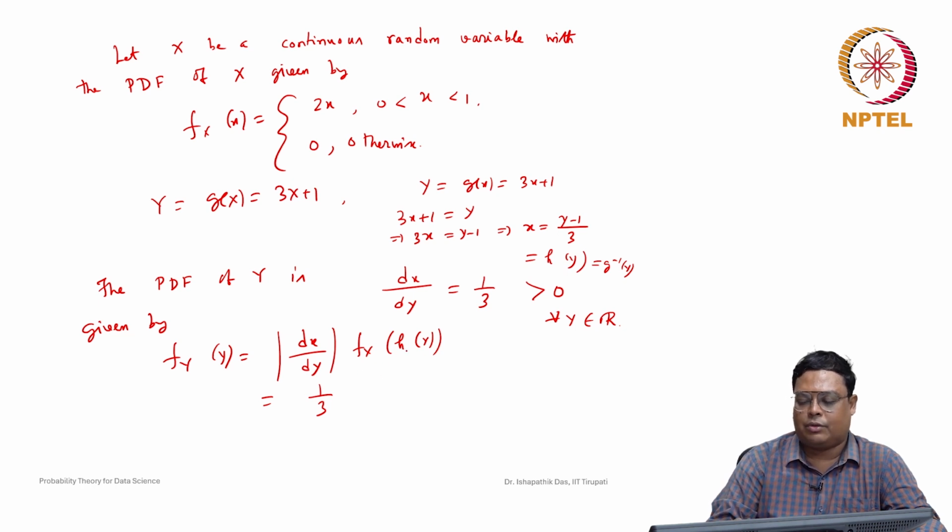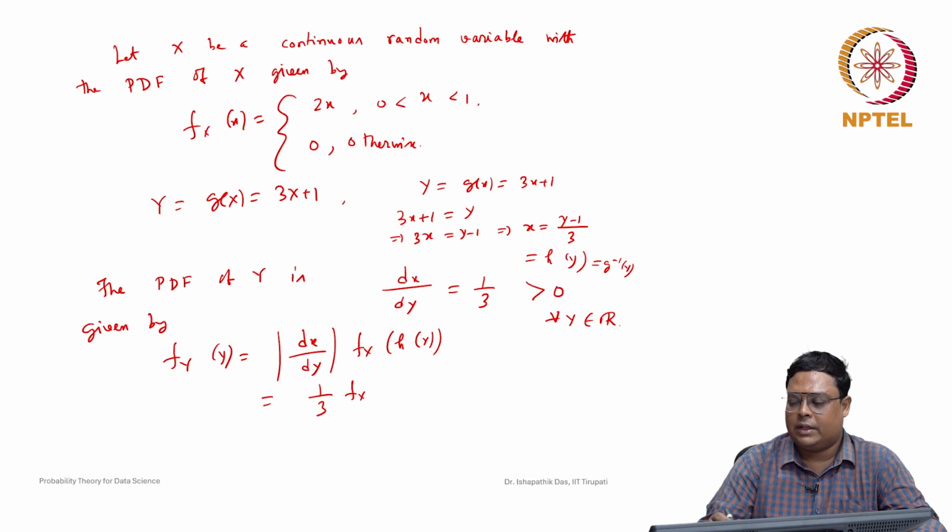So f x of h y is actually nothing but f x of, what is h y? h y is g inverse of y, this is (y minus 1) by 3. So we write f x here at (y minus 1) by 3.